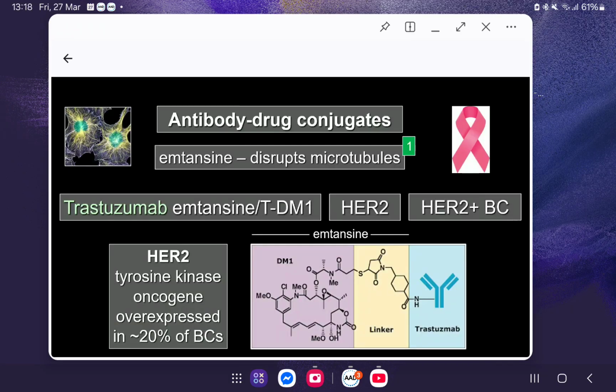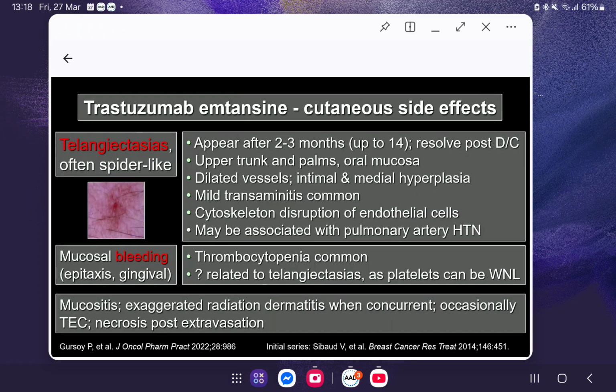Now, amtansine was the second one I told you I was going to talk about. And there you see, oh, another one to learn, but you know trastuzumab, and you know it because it's called Herceptin, okay? And so this one is used for breast cancer. And you can see that you can get telangiectasias. Now, it was thought that the people who had GI bleeding on this drug actually had it because they had thrombocytopenia, but not everybody has thrombocytopenia.